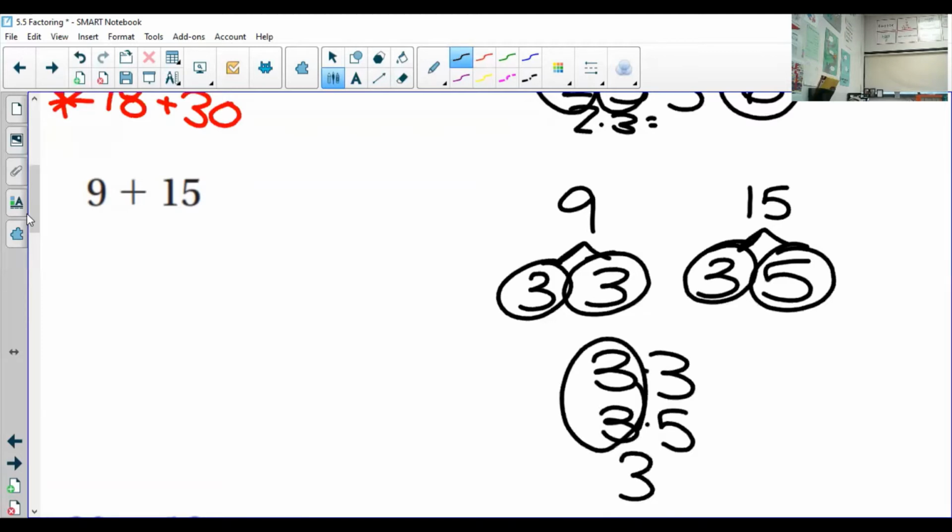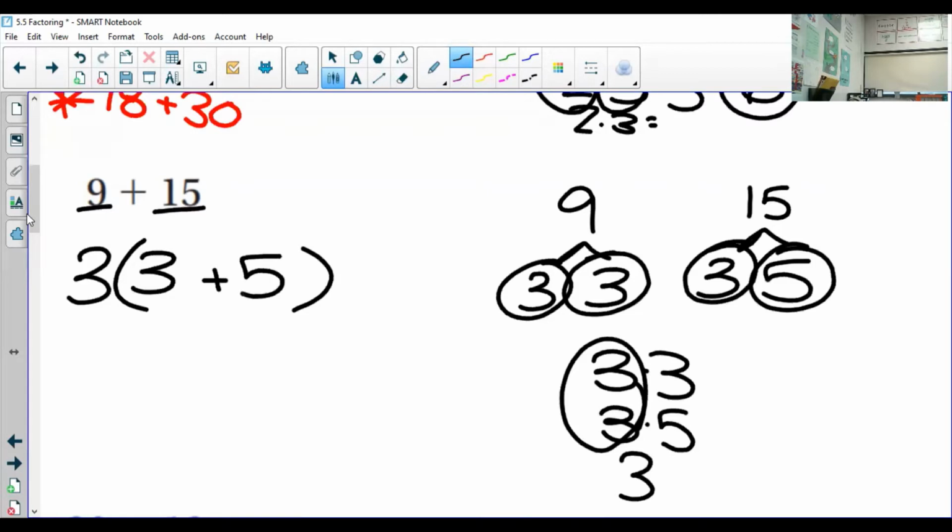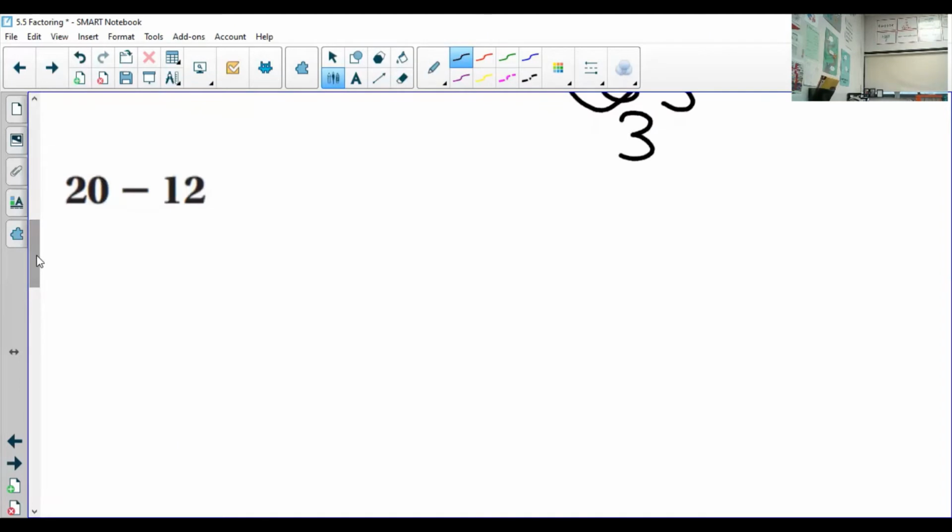So I'm going to go back to my problem. In order to factor it, I just write 3 with parentheses and a plus sign. What's 9 divided by 3? 3. What's 15 divided by 3? 5. So am I done? Yes. Next one, 20 minus 12.